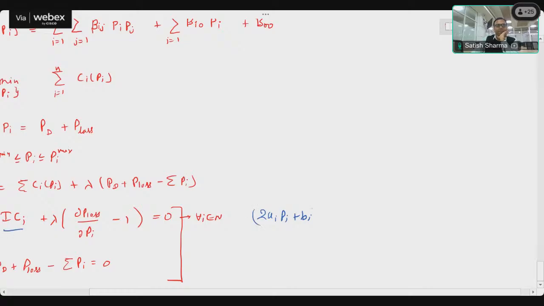Then plus lambda times incremental loss minus 1, for the ith generator.